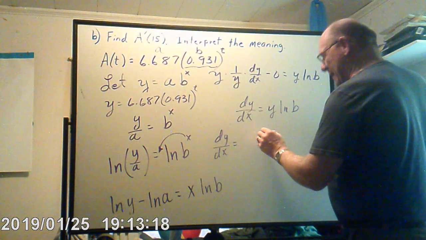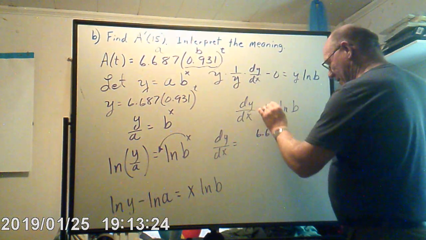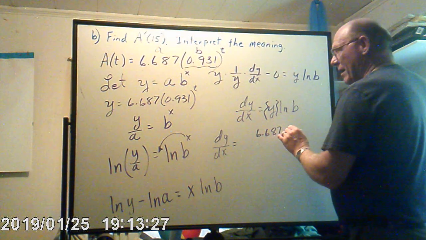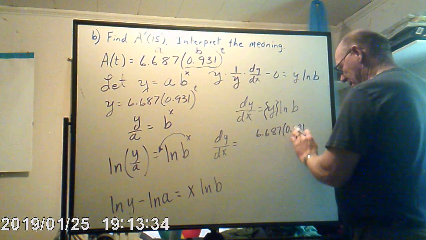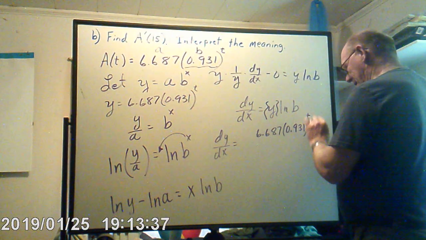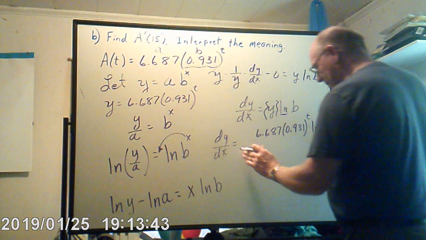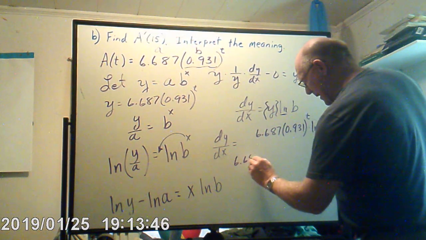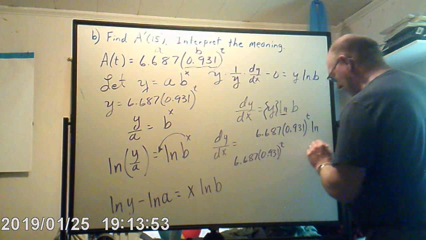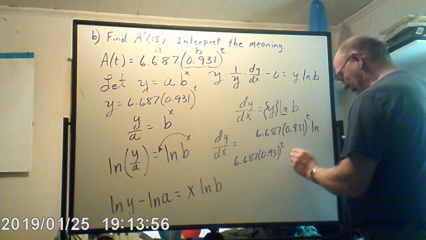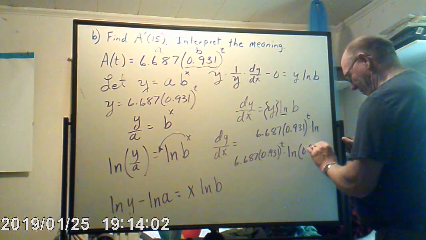So this is all of A prime of T, which is equal to 6.687 times 0.931 to the T, times ln of B. Now B is 0.931.